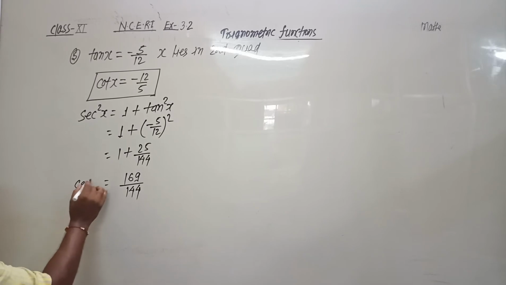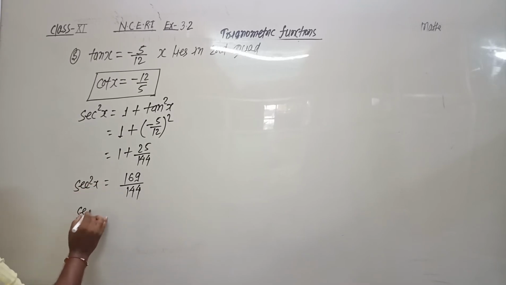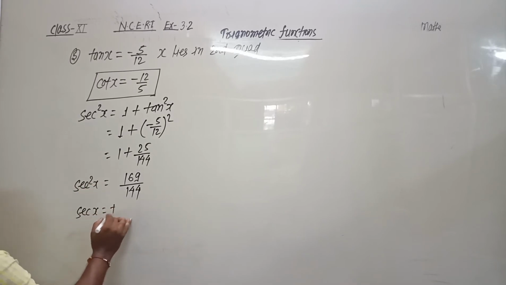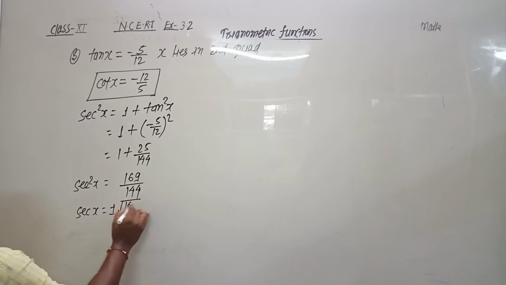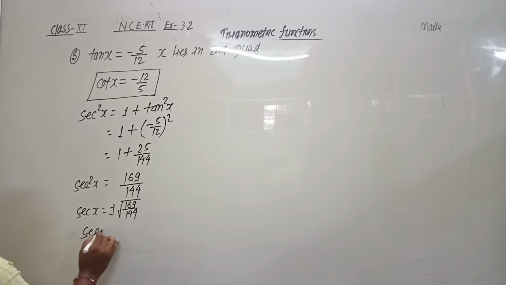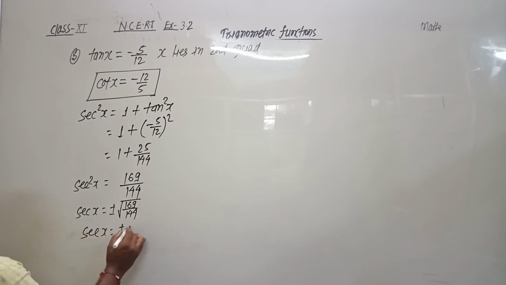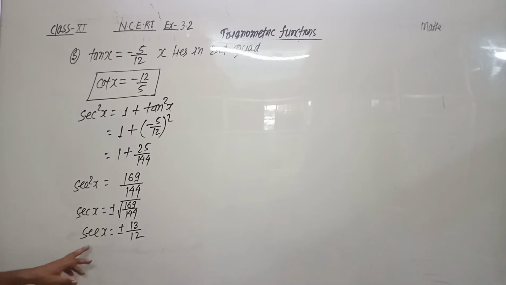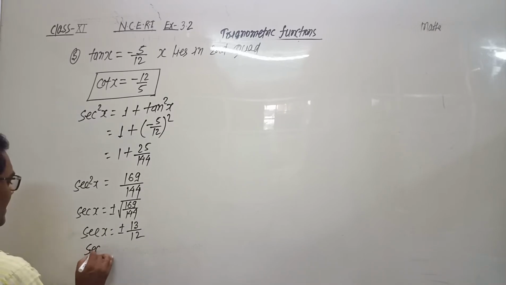Sec square x is 169 by 144, and sec x is plus or minus under root of 169 by 144, which is plus or minus 13 by 12. In the second quadrant, sec x is negative, so we take the negative value, minus 13 by 12.